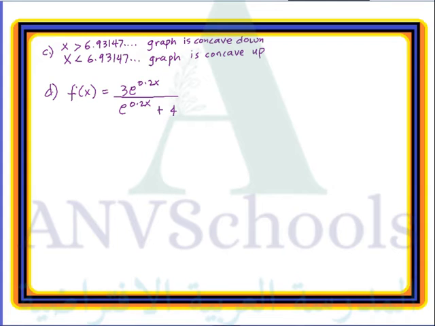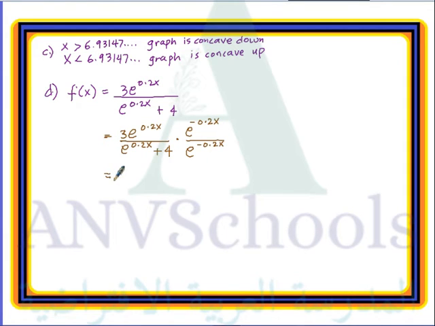So we're going to transform it now. What we need is to take out the e raised to 0.2x here. So that's 3e raised to 0.2x over e raised to 0.2x plus 4. And of course, we are going to multiply this by e raised to negative 0.2x over e raised to negative 0.2x.